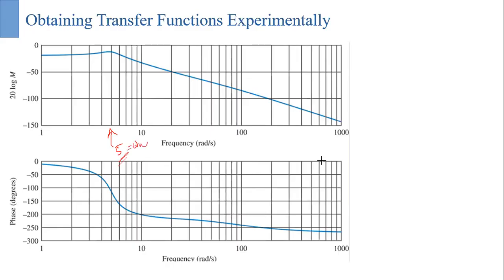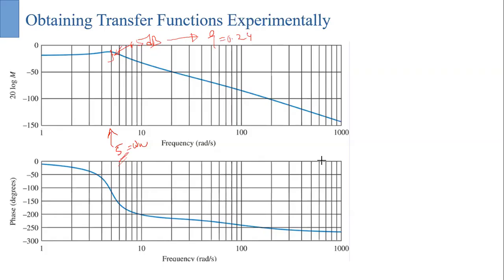Also, this height, which is approximately 6 or 6.5 dB, is related to your zeta value. So we can find a corresponding zeta value of 0.24.